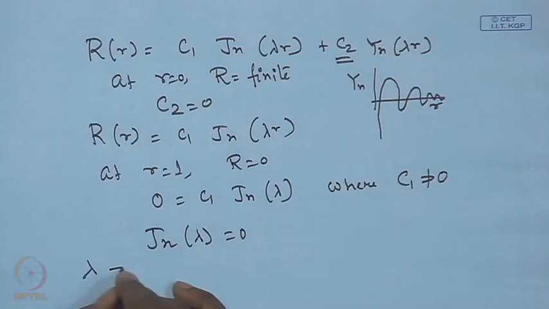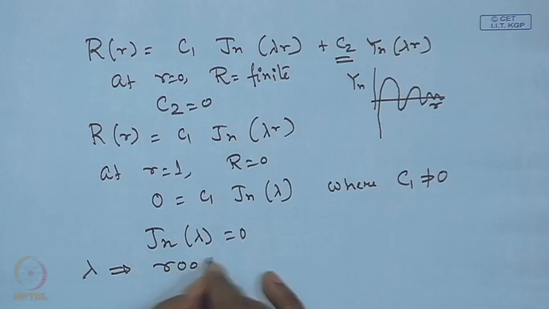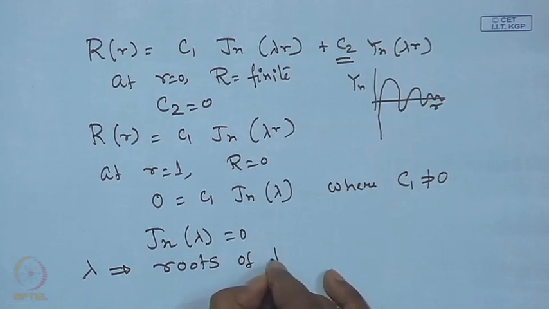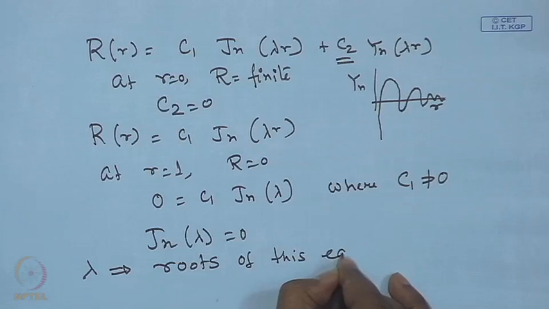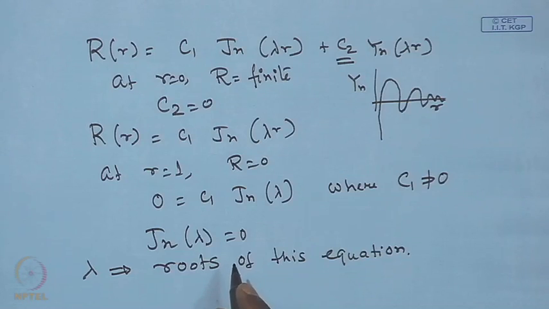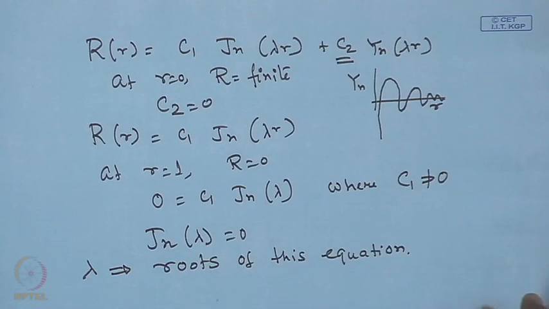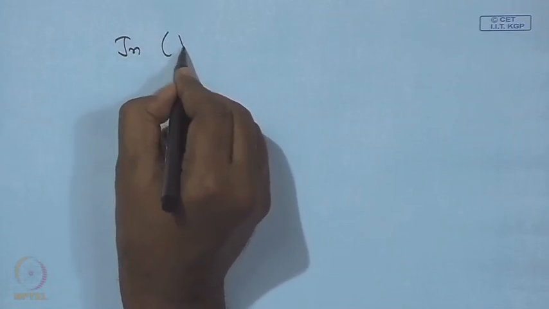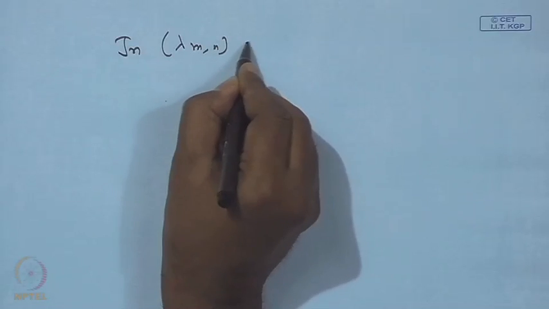Lambdas are basically the roots of this equation. Again, you have standard ready-made programs in C or Fortran, where you can compute the roots or zeros of this equation to find out the eigenvalues. So, the eigenvalues of this problem we write as J n lambda m n equal to 0.